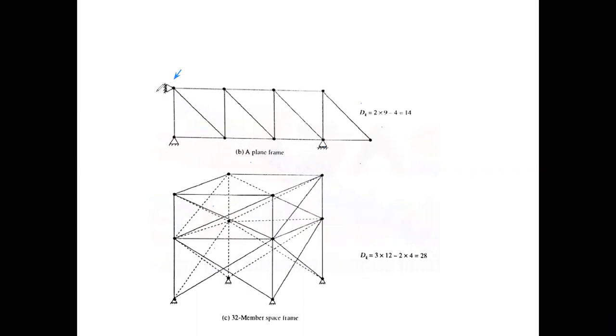In this case over here it is 1, over here it is 2, and over here it is again 1. So the number of internal reactions in this case is 4.